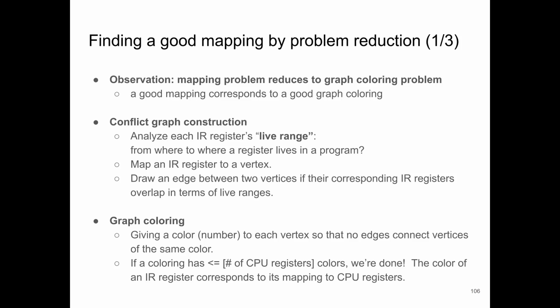So here's a graph, and you're going to give a number, usually called a color, to each vertex. But the rule here is that no edge should connect vertices with the same color. So if there is an edge between A and B, for example, then A and B should have different colors. The graph coloring problem is finding a color mapping that satisfies the rule with the minimum number of colors.